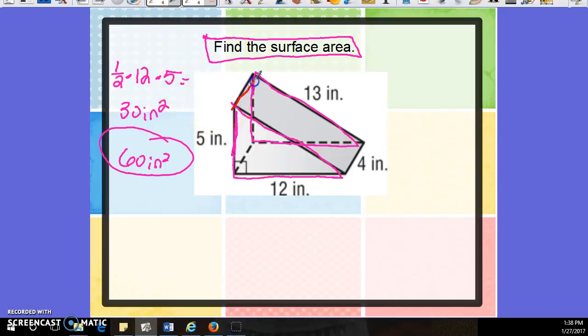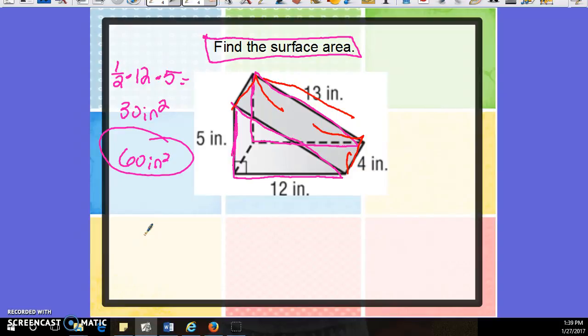Now, let's look at this rectangle right here. What is the measurement for it? 4 by 13.